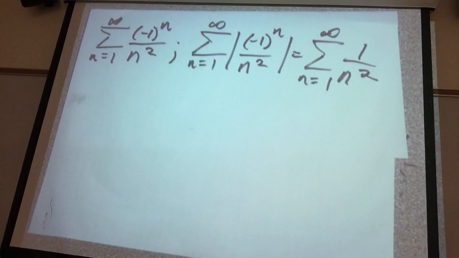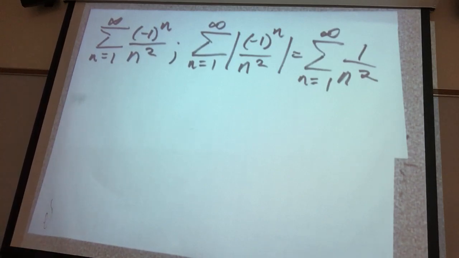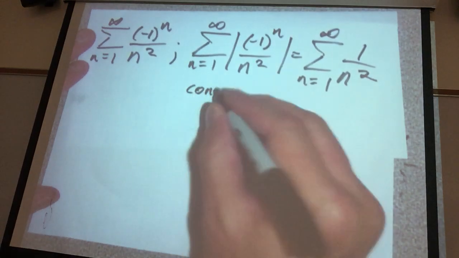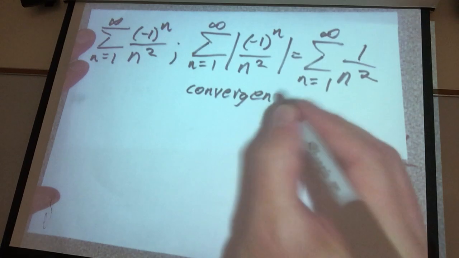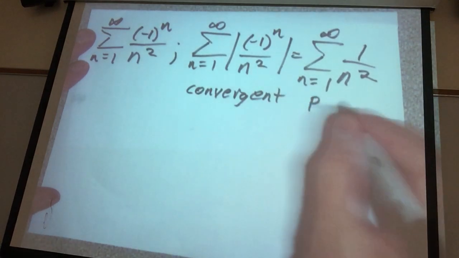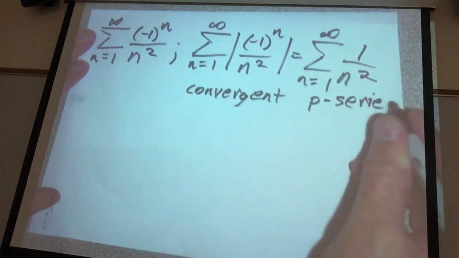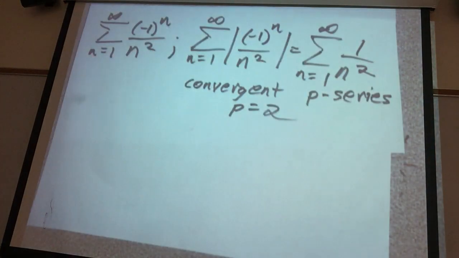All right, so you would say at this point of the problem that, well, 2 is greater than 1, so this is a convergent p-series, because p equals 2.